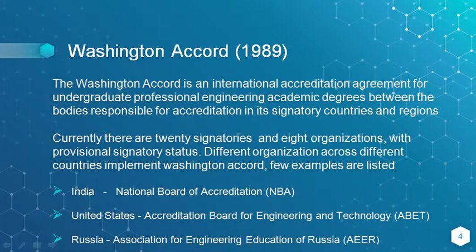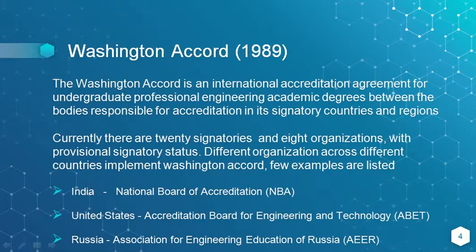Similarly, all the different countries have their own accreditation bodies, so they all come together on a single platform and agree on the quality of a UG program to be maintained. We have 20 signatories, of which India is one country, and 8 organizations have professional signatory status.